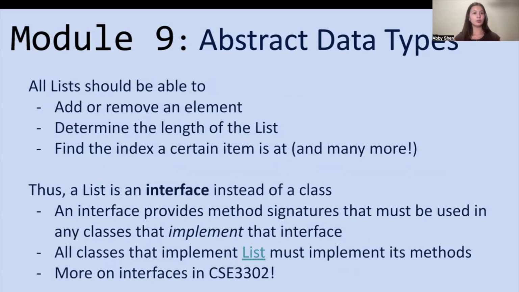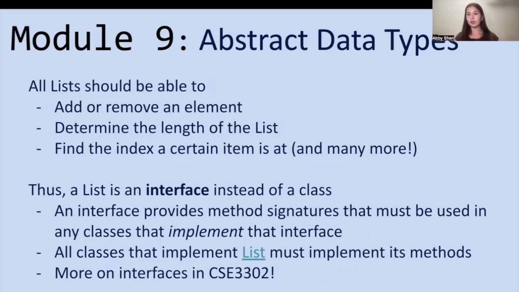So, getting back into what a list is, all lists should be able to add or remove an element. They should be able to determine the length of the list, and they should be able to find the index a certain item is at. Since a list is a collection of things we want to be able to do, a list is actually an interface instead of a class.